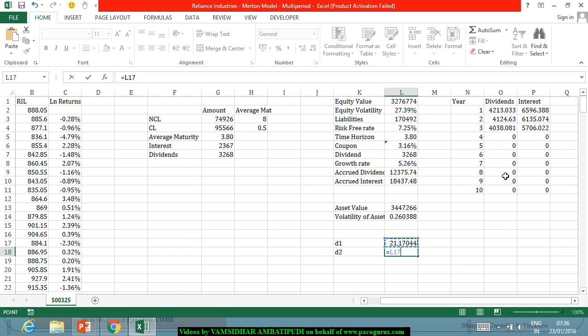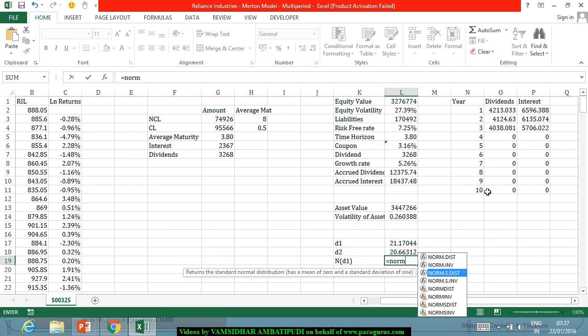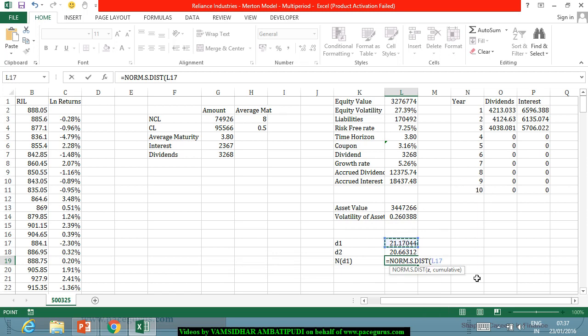D2 is going to be D1 minus sigma root T, right? D1 minus sigma into square root of T. So from here I can find out ND1, which is the NORMSDIST associated with D1, comma 1.